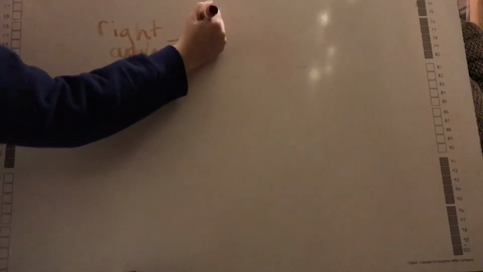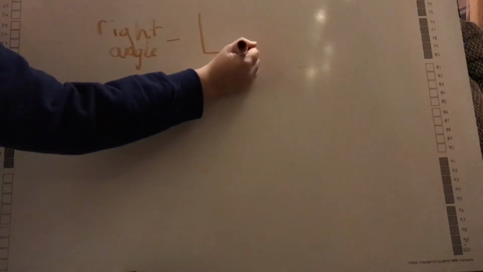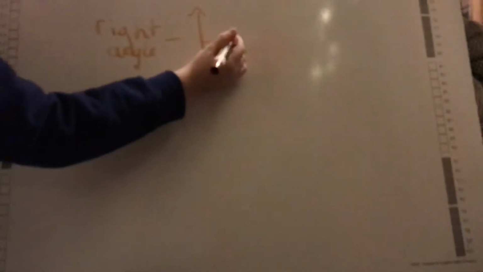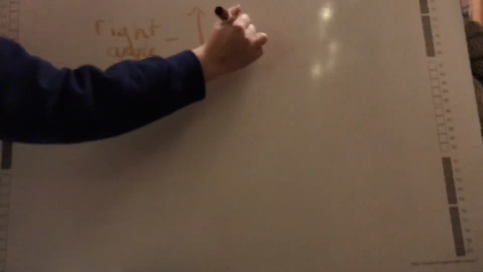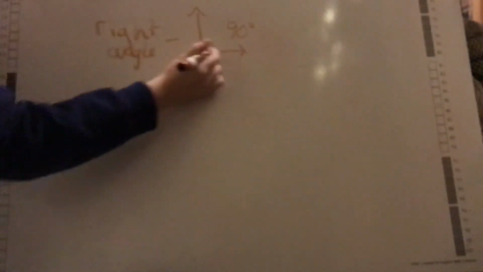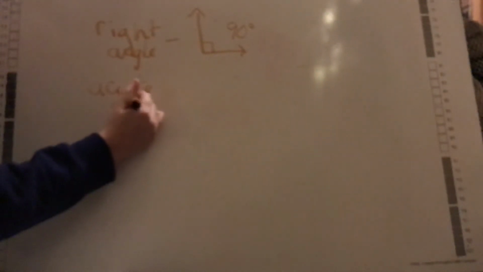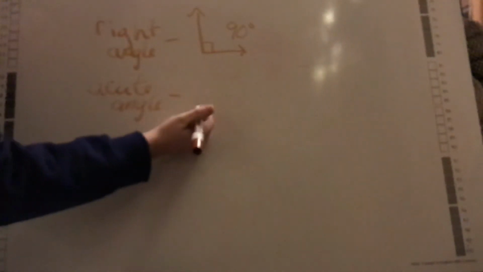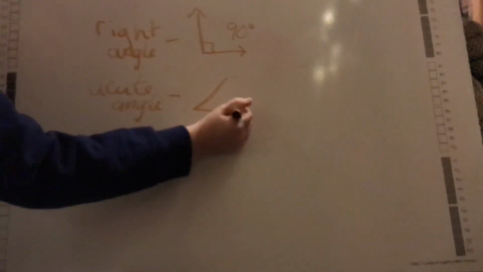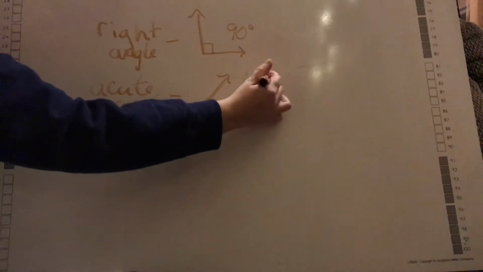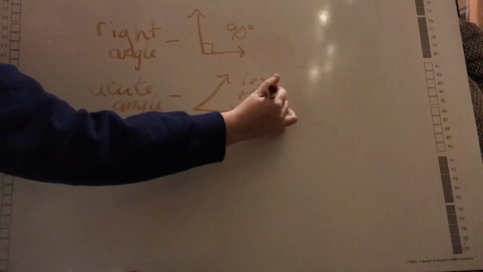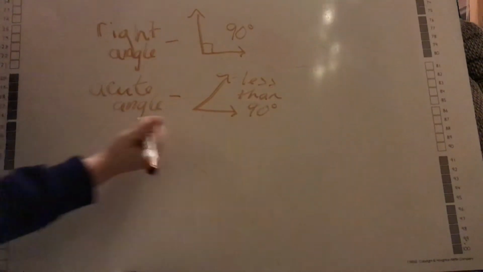We have a right angle, and that is an angle that is 90 degrees in the corner. Okay, so 90 degrees. We have an acute angle, and that's less than 90 degrees.